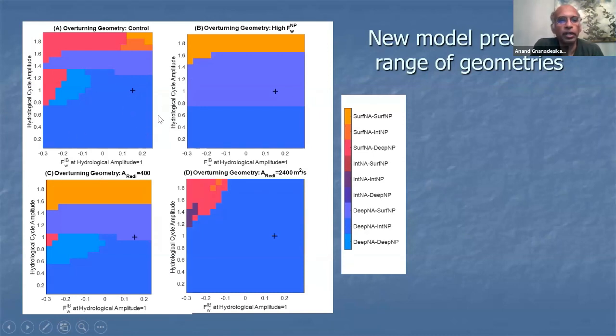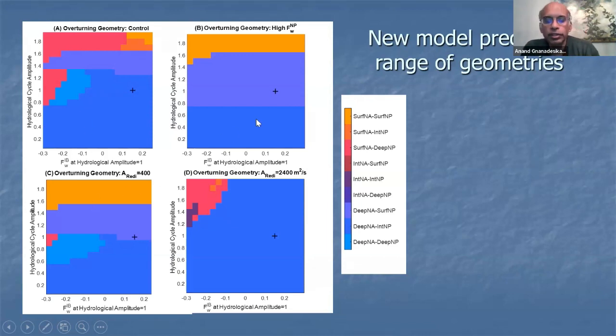And so for one of these plots, you can see for today's geometry, we have quite a complicated geometry here. Lots of different possible states, 6 possible states here. If we change the overturning geometry so that there's more freshwater flux in the Pacific, these basically vanish.